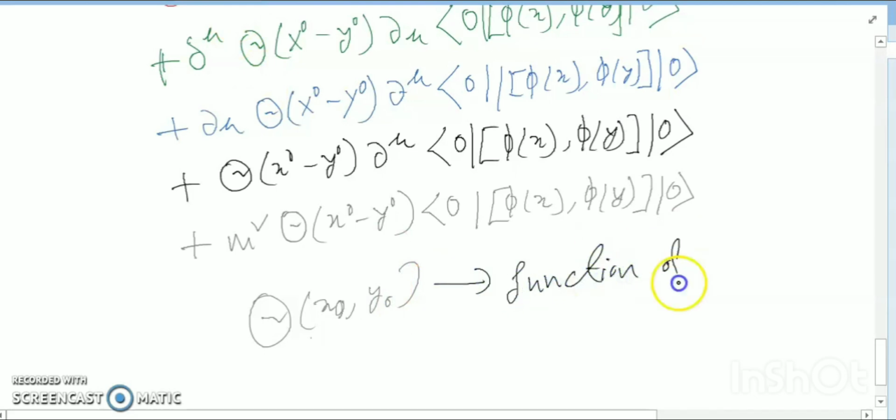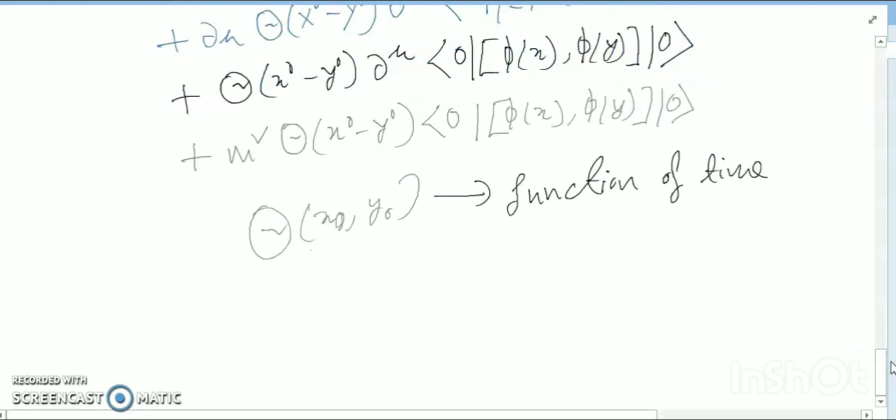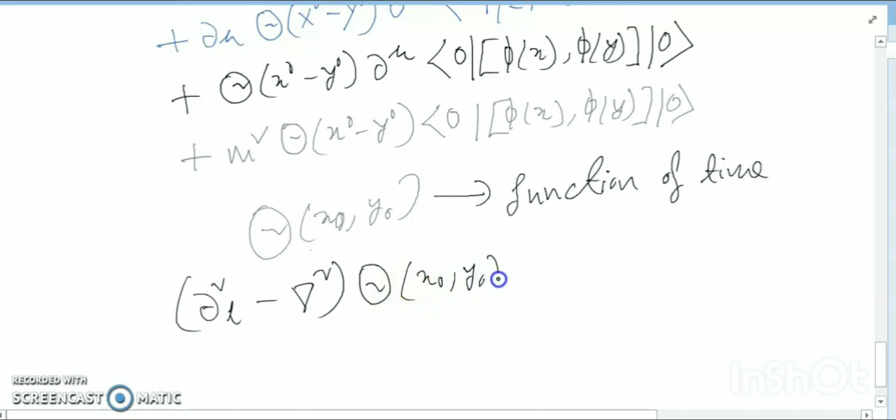Now we have to remember that (del square t minus nabla square) into capital theta (x0 comma y0) can be written as del square t capital theta (x0 minus y0). And minus nabla square capital theta (x0 minus y0) is 0.